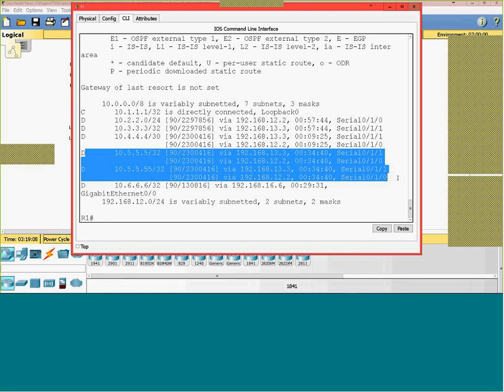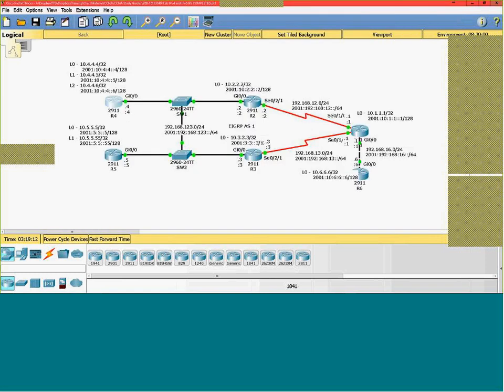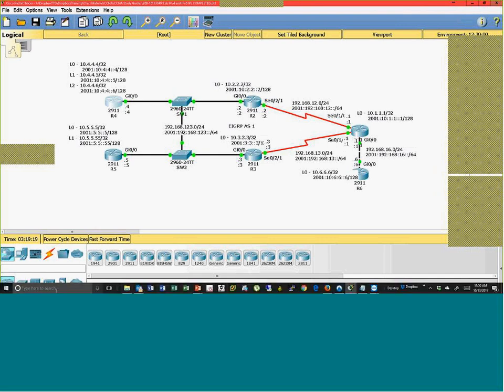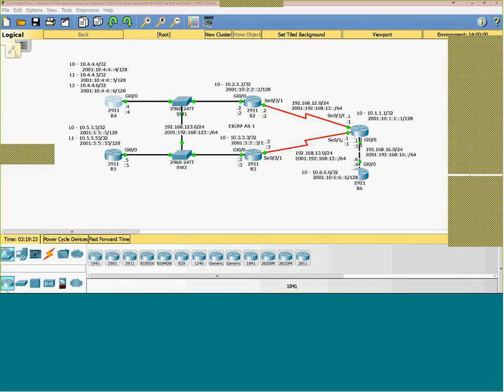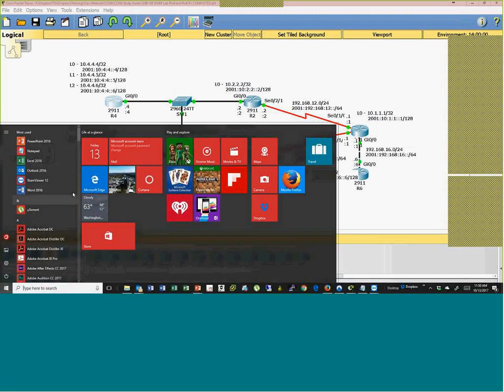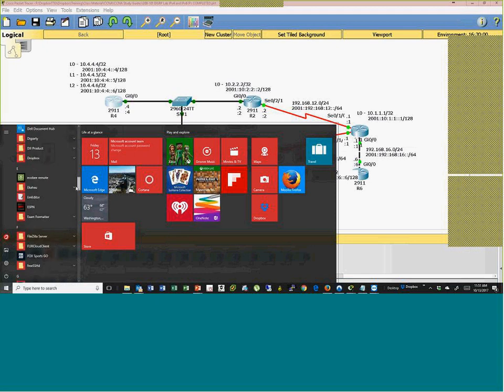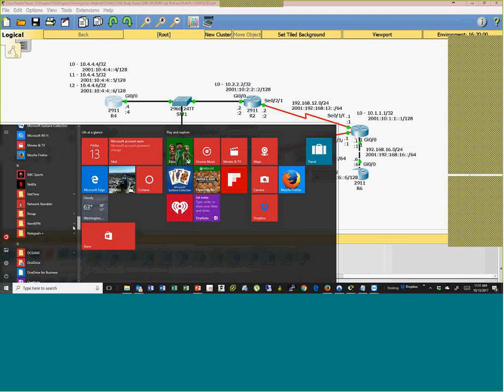Well, let's go through an exercise where we actually calculate how that is occurring. So I'm going to take a screenshot of this, and I am going to go into Paint. Let's see.